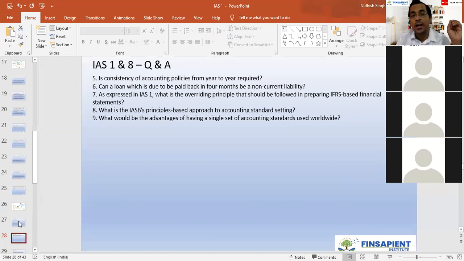It is saying that reality is the supreme idea. Reality of the transaction is more important than completing the rules. In all the accounting standards, the regulators are asking for the substance, the reality of the economic transactions.